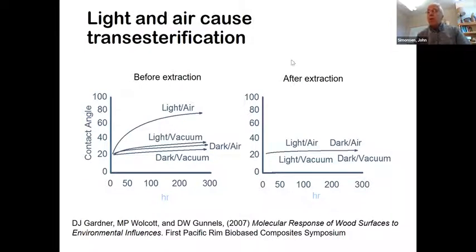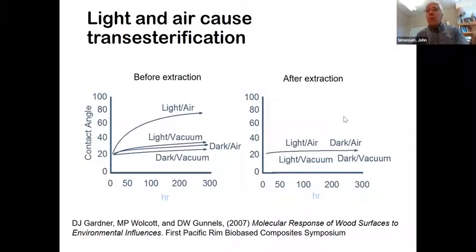Then they extracted it. And after they extracted it, it didn't matter. If you had it in light and air, dark and air, light and vacuum, dark and vacuum, you didn't get the surface aging phenomenon. So clearly this demonstrates that the surface aging has to do with extractives.